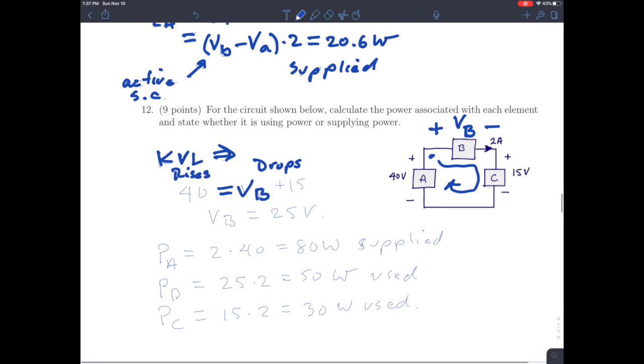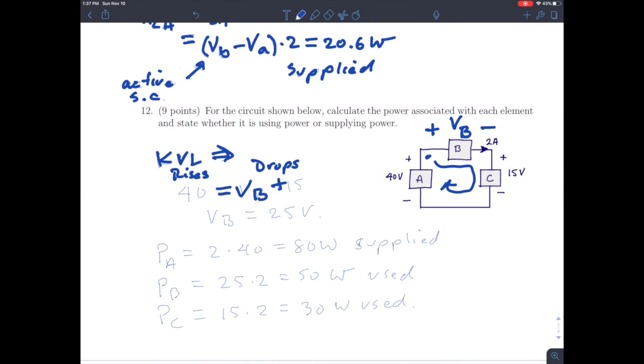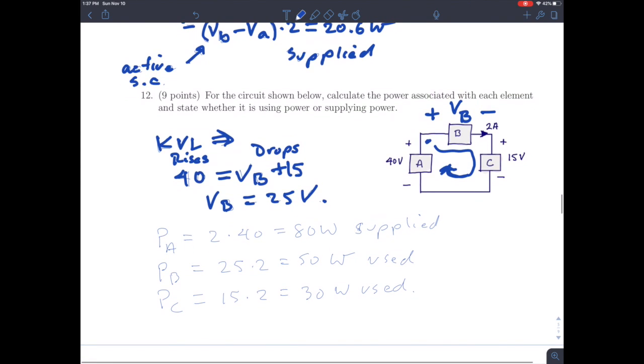All right, then I have a drop of 15, and then as I keep moving, I have a rise of 40. Okay, so I can solve that, and I get VB is 25 volts. All right, so now we have everything. We just have to identify the sign convention, plug in the numbers, and we get the answers.